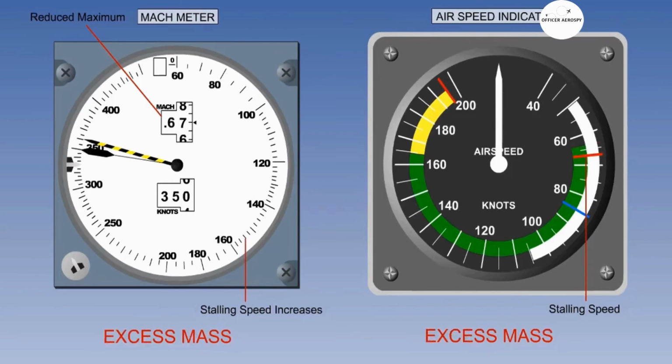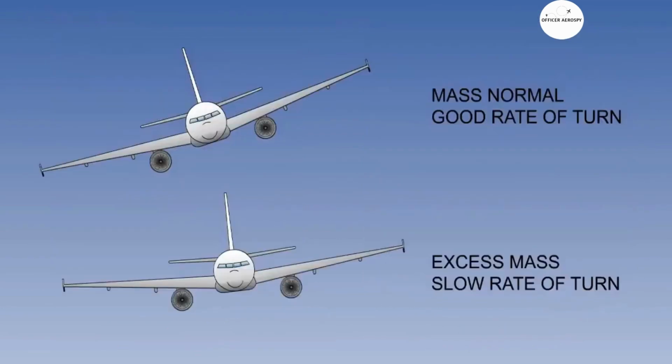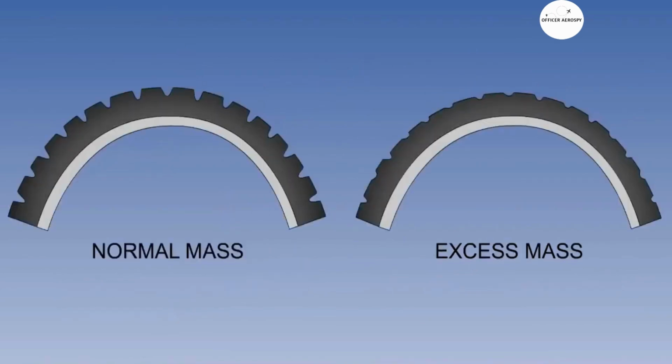And this is very important, and the effect is very severe on the airplane's maneuverability. Normally we can notice the effect when mass limits are exceeded on the airplane tires and brakes, as the excess mass would quickly wear the tires.